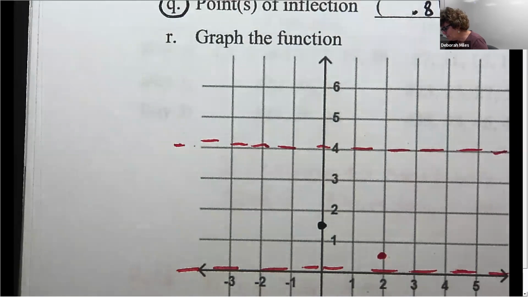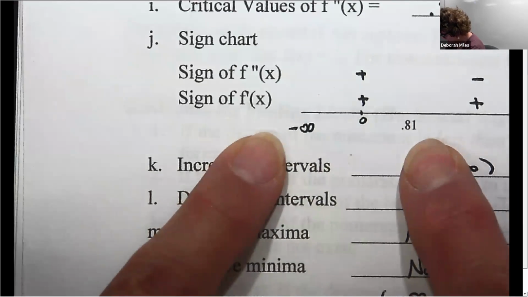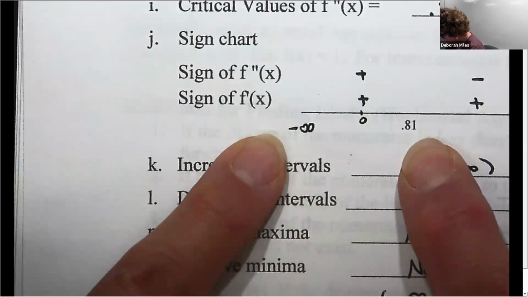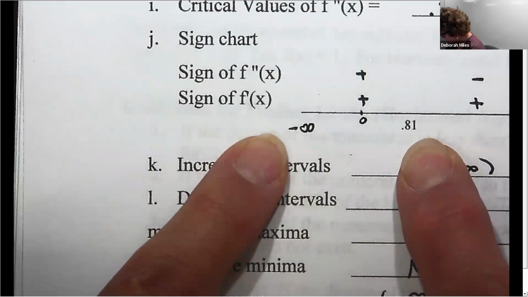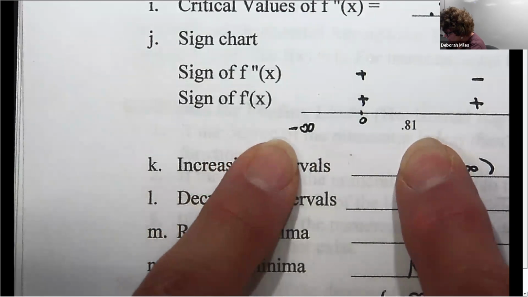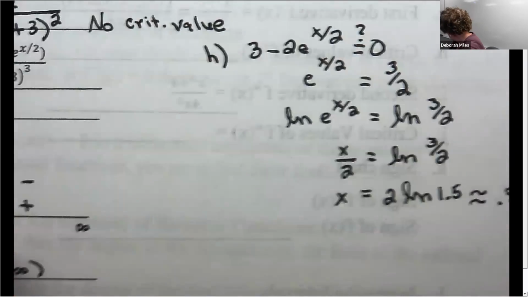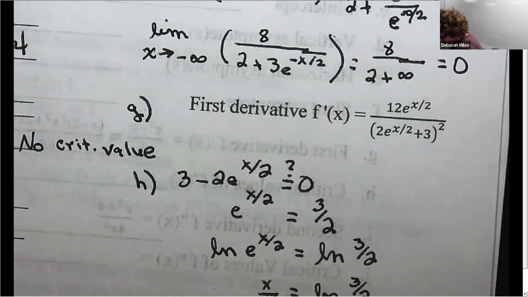So what can you tell me about the behavior of this graph from negative infinity to 0.81? Increasing and concave up. And you can also tell me that as the graph goes forever to the left, what is my y approaching?